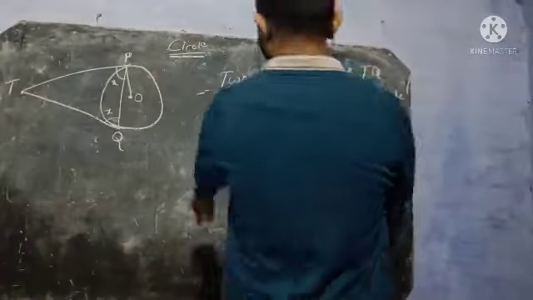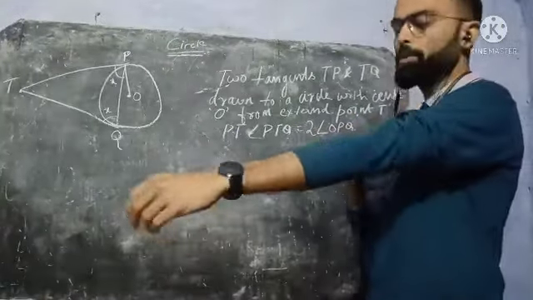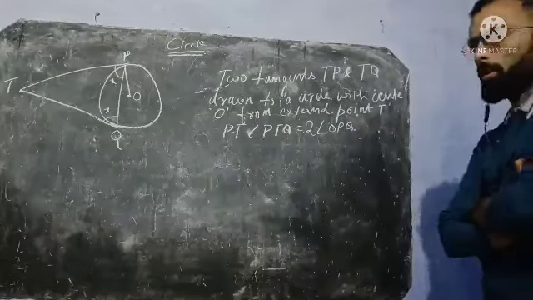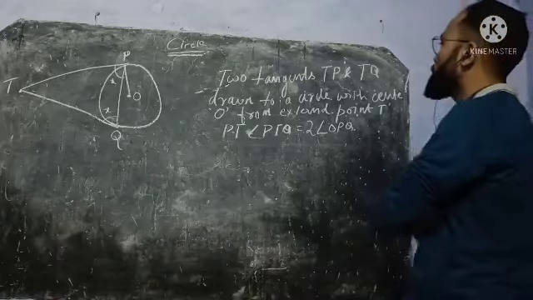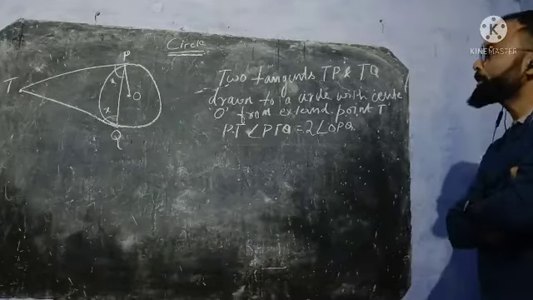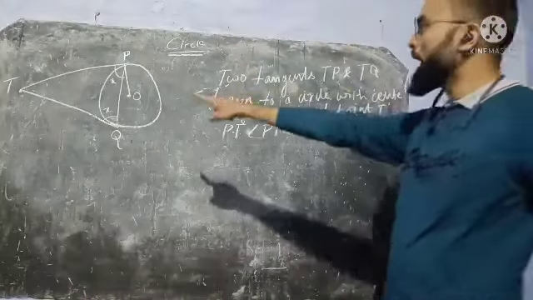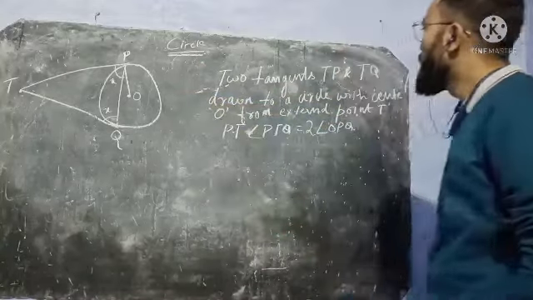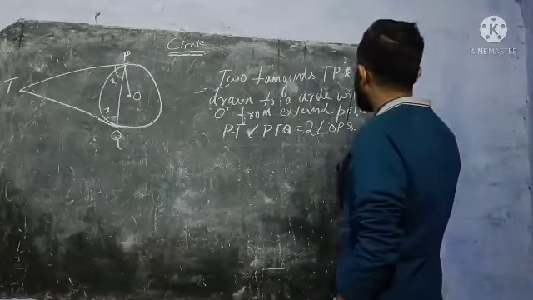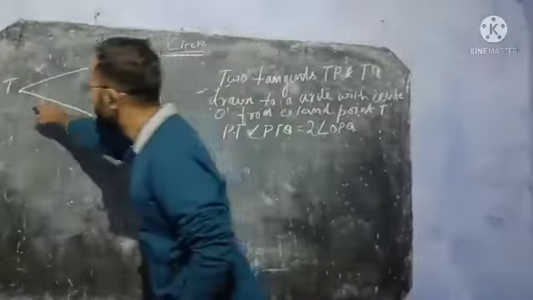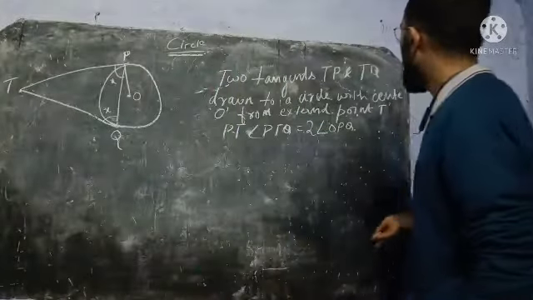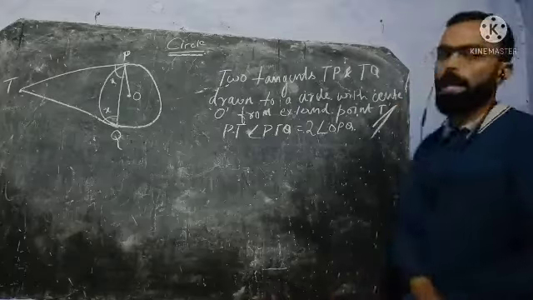Alright, let's solve a problem using the theorem that we have just learned. The problem says that two tangents TP and TQ are drawn to a circle with center O from external point T. So this is the initial scenario given.